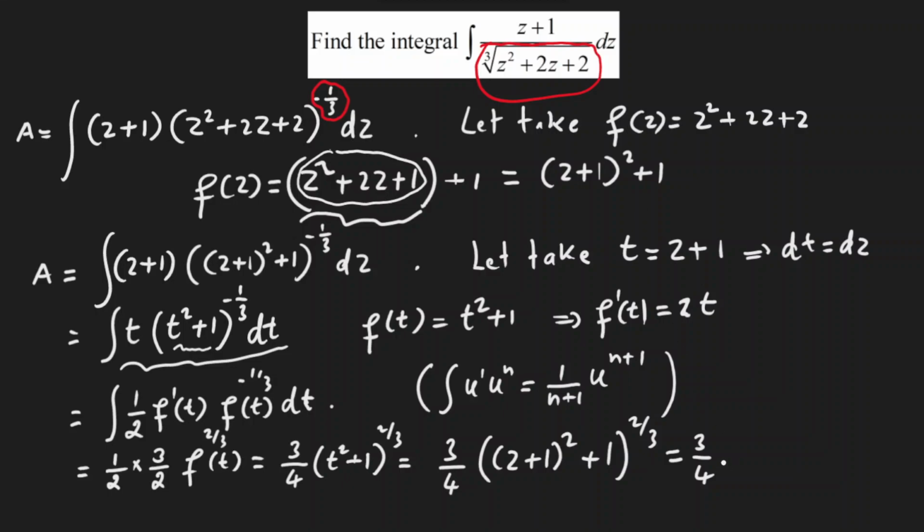That will be equal to 3/4 times the cube root of z squared plus 2z plus 2, squared. And that's how you solve the problem.